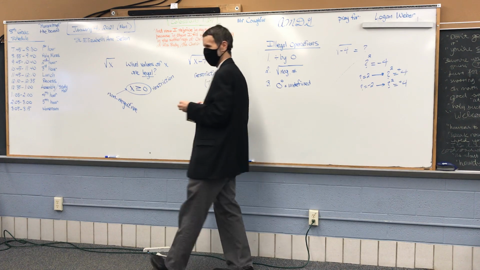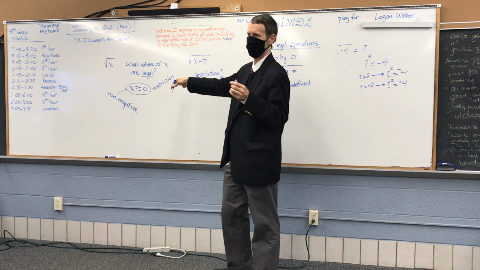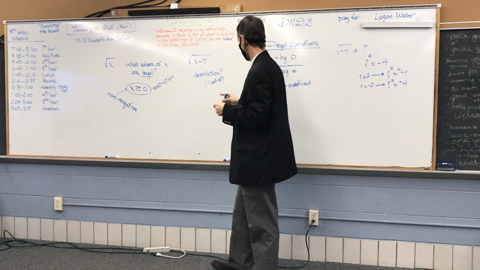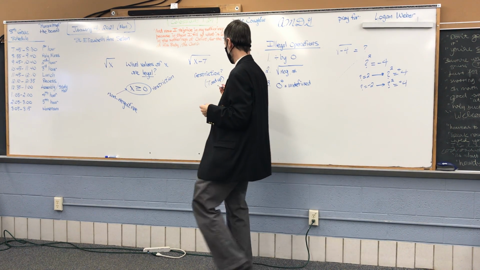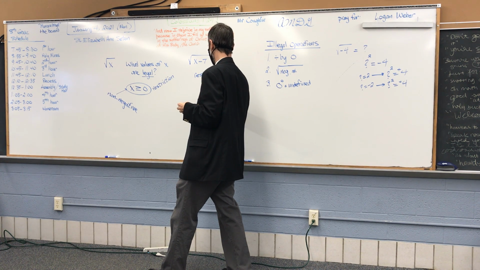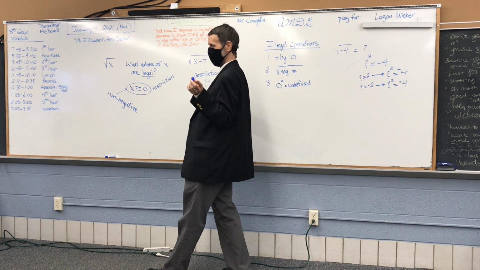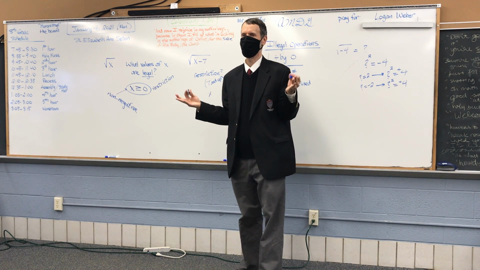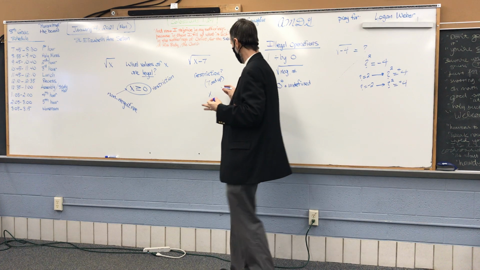Is there a math way to put that, like using an inequality? Use the letter x. If all the x's have to be 7 or above, what's the way to say that in math?